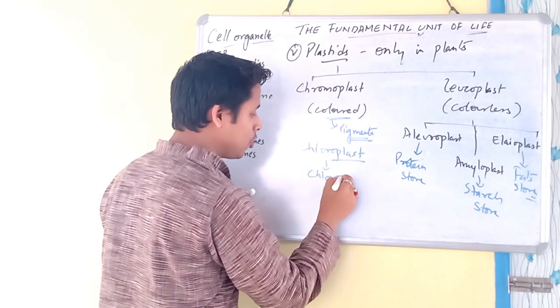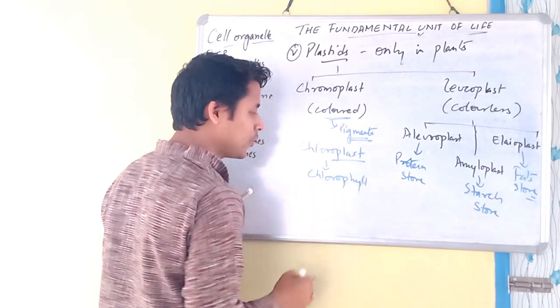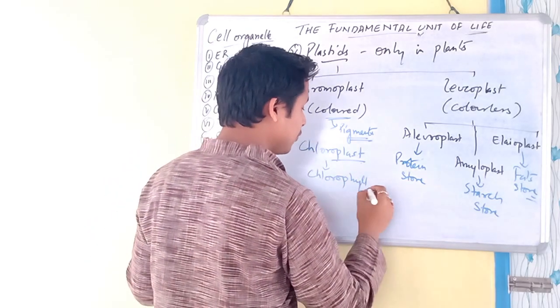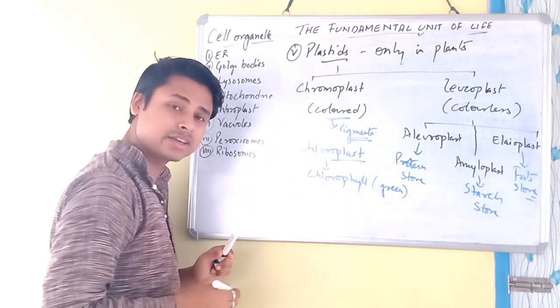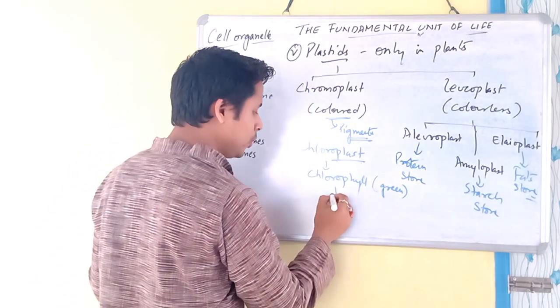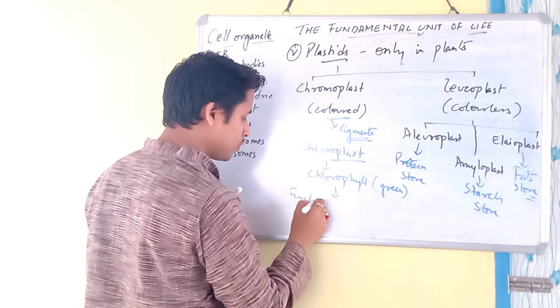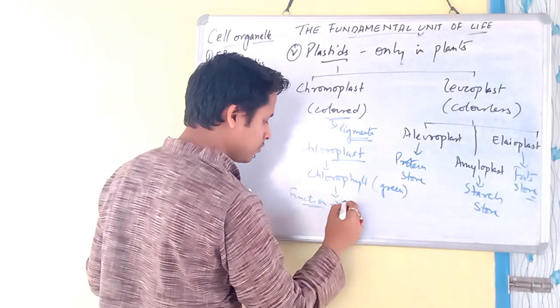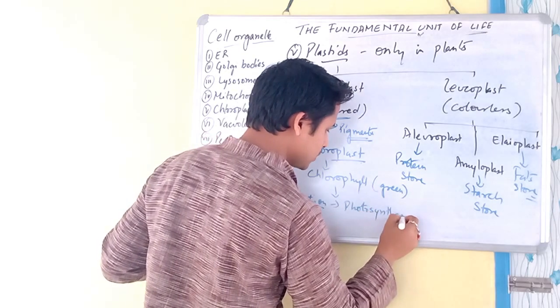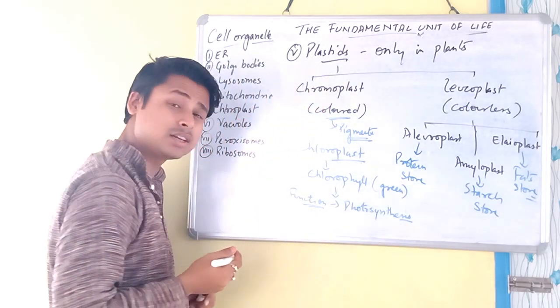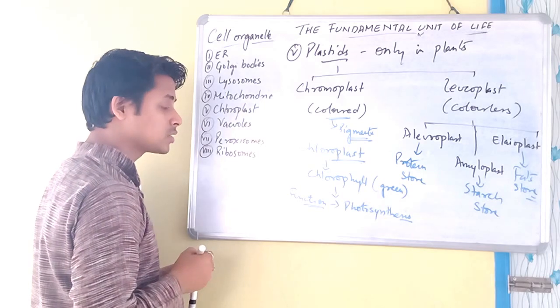It has chlorophyll, a green pigment. What is the function of the chloroplast? Photosynthesis. Very good.